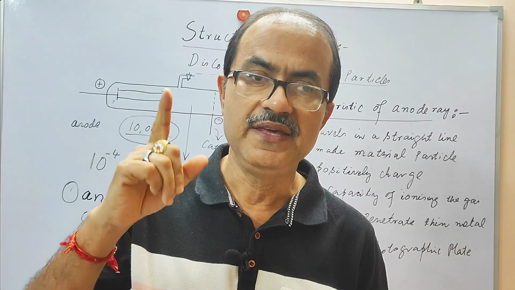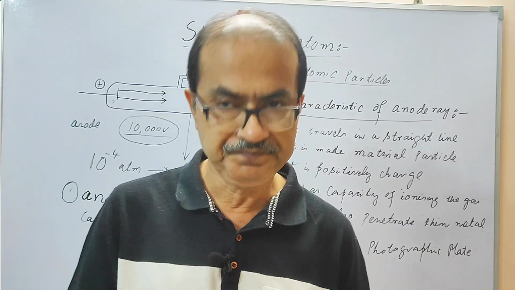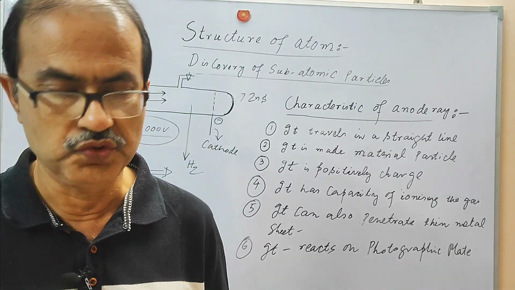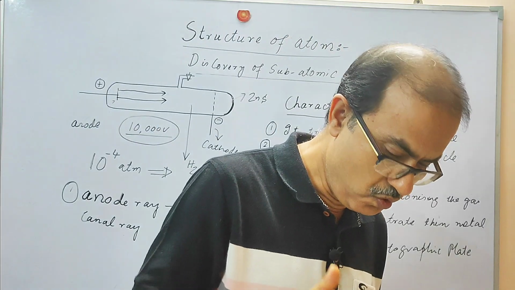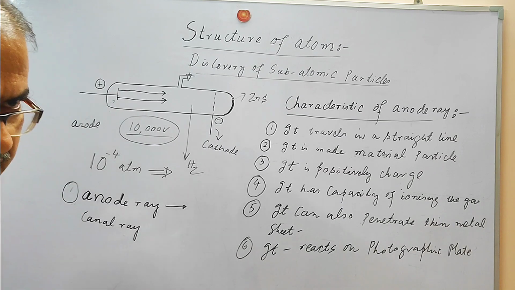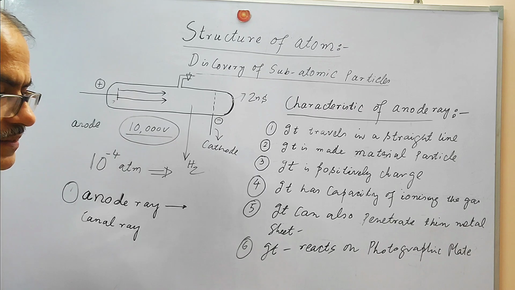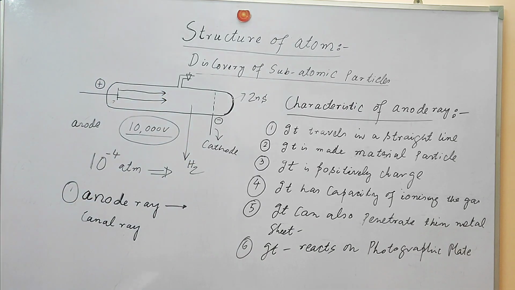This means the e/m ratio depends on the gas and also on the electrode. So let us calculate the e/m ratio for hydrogen gas. Then we will conclude and understand something from this.